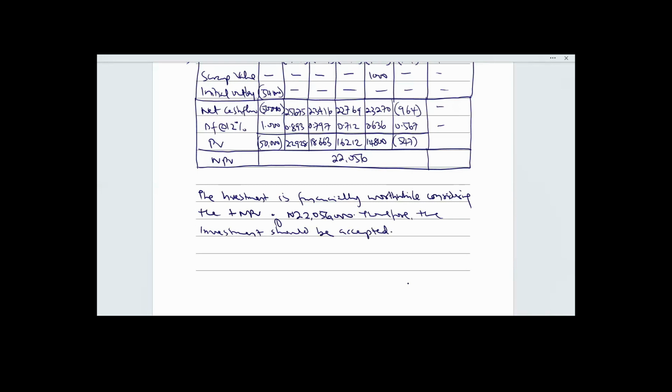That's it. So this is not the end. You are supposed to state your assumptions. All the assumptions that you have made in the question, you are expected to state. If there are any figures you have ignored in the calculation of your NPV, you are supposed to state the reason why you ignored them. Whenever you are calculating NPV, certainly you are going to make some assumptions.